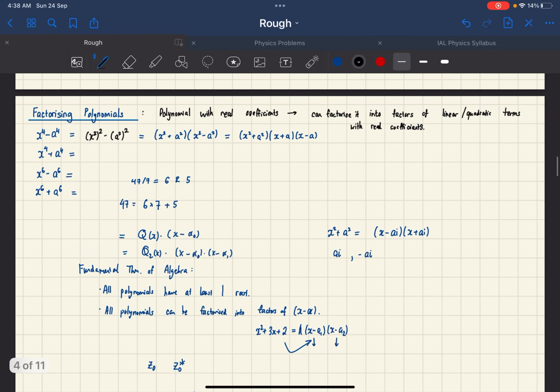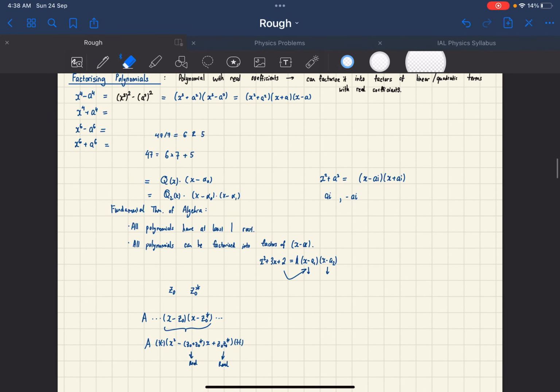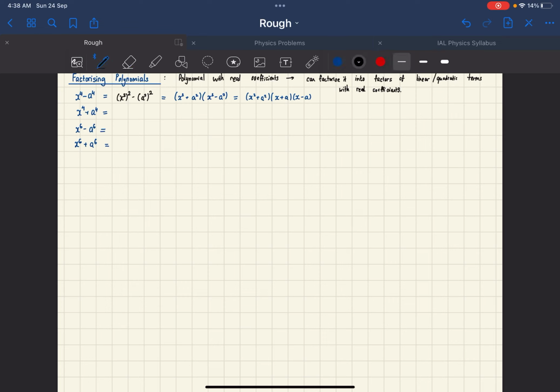Now this is going to be super useful because if we can factor any polynomial into those linear and quadratic terms, we can use partial fractions, and using the partial fractions method, we can get fractions with very easily integrable denominators, just linear and quadratic terms, so using logarithms and arctangents.